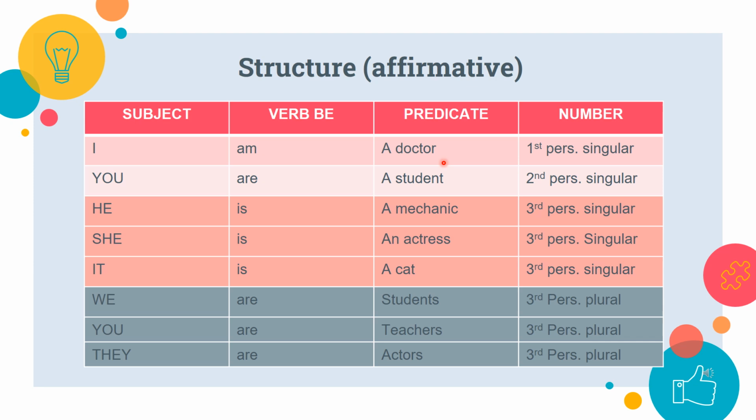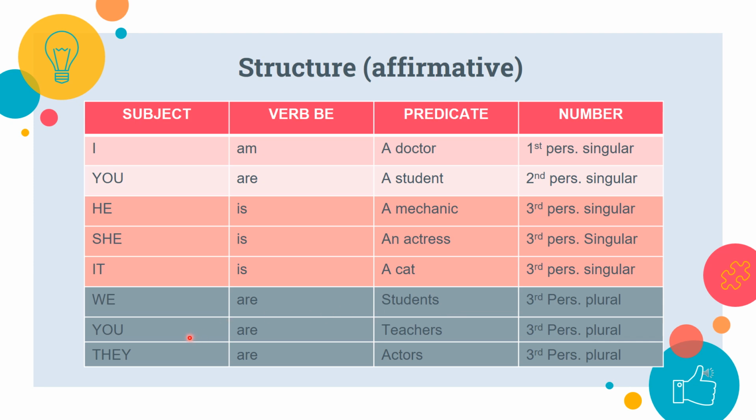So we have the examples. I am a doctor. You are a student. This is singular, only for one person. And here for the third person singular, only is. He is a mechanic. She is an actress. It is a cat. And then with the plural form we use are. We are students.